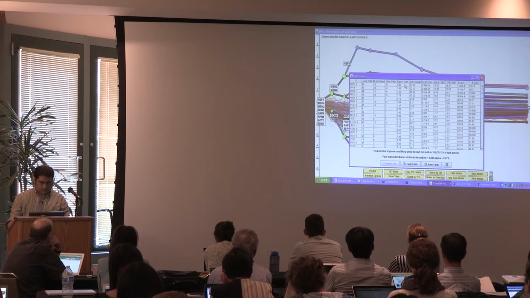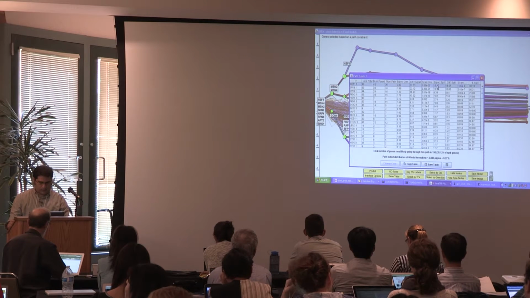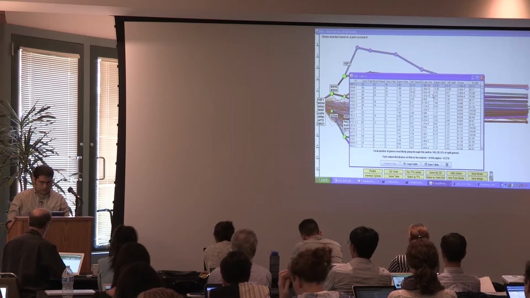So expected is how many overall we would expect on this path. Expected split is how many we would expect on the up path, conditioned on there being 42 from the parent. And then it gives you a score.